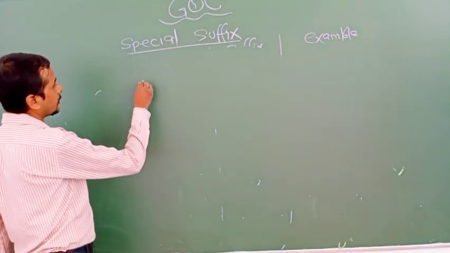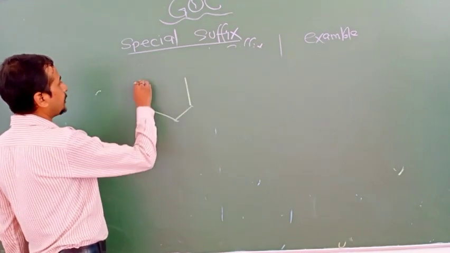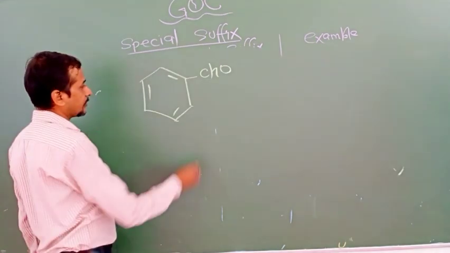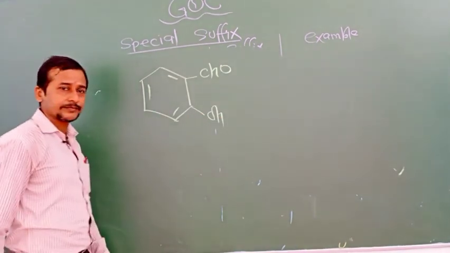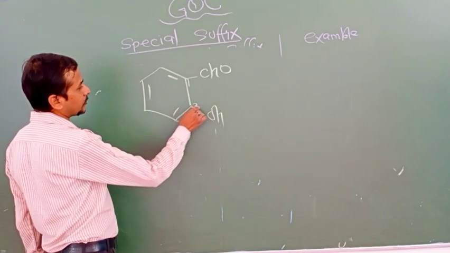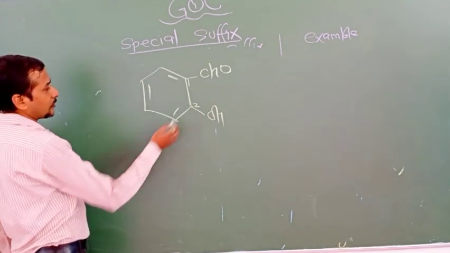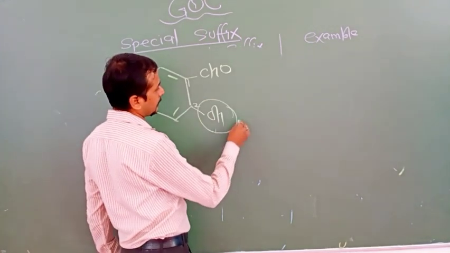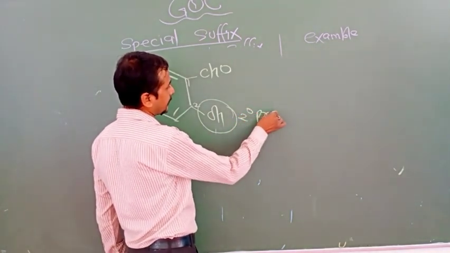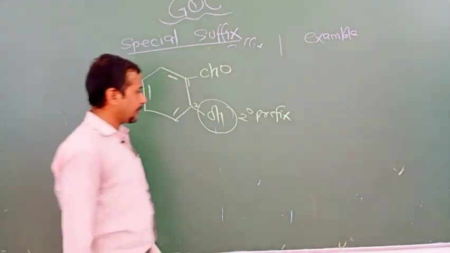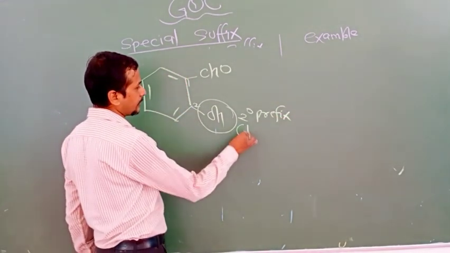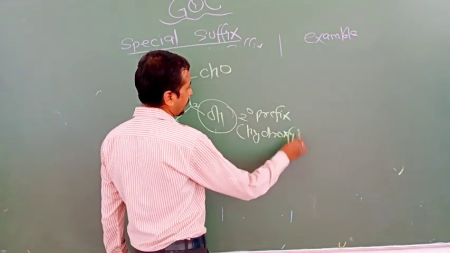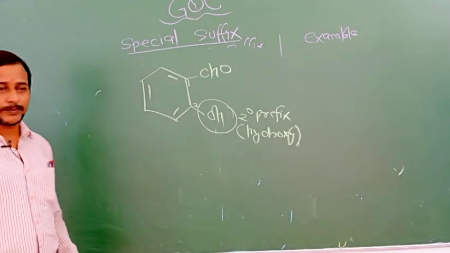So now this type of question may be given to you. CHO, and OH attached here. The numbering is done from 1 carbon, 2 carbon. Now here OH is alcohol, but basically here it behaves as a prefix. So that's why we have to write the name of this OH as hydroxy. This I told you in the table of functional groups with their suffix and prefix.